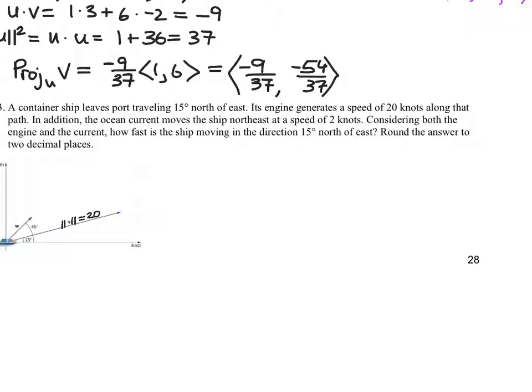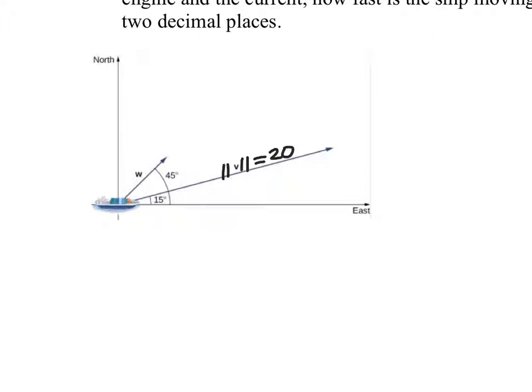The ocean current moves at two knots, but it's contributing speed also in support of the boat moving in the direction of 15 degrees north of east. So what we want to figure out is not a vector sum or anything like that. We just want to figure out what the projection of W upon V would be.